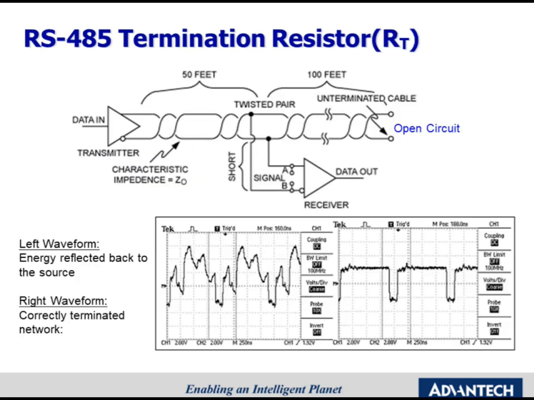It is because that the termination resistor can help to remove the signal reflection. It can prevent the wrong signal detected by the device. As you can see, if the end of the RS-485 wire is open, when the signal reaches to the end, it will reflect back to the source, which causes noise appear on the waveform.